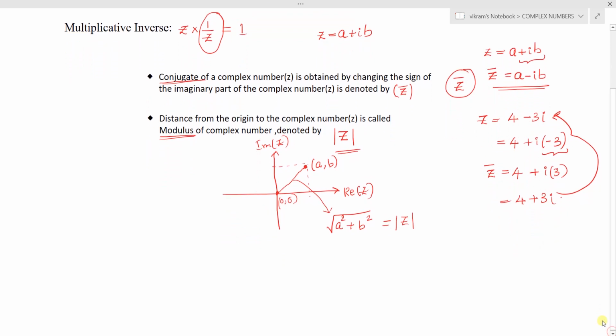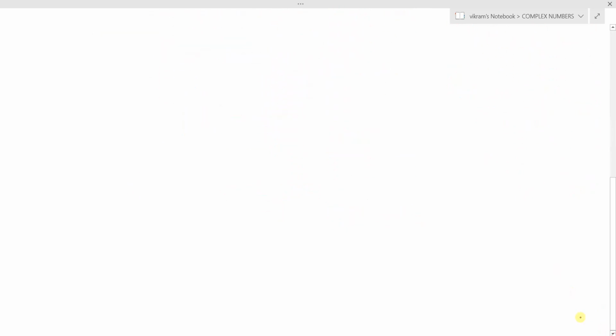Now we will find out how to find the multiplicative inverse of a complex number. Z equals a plus ib is a complex number, then the multiplicative inverse we need to find is 1 by z, which equals 1 by a plus ib.